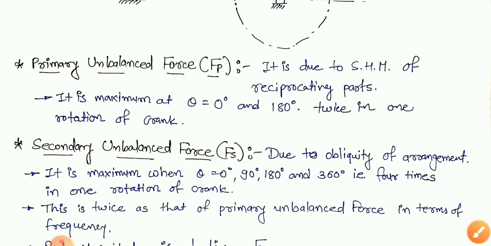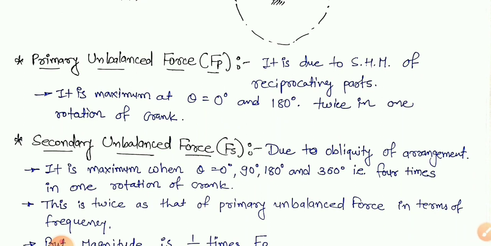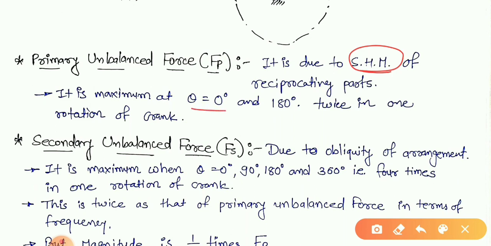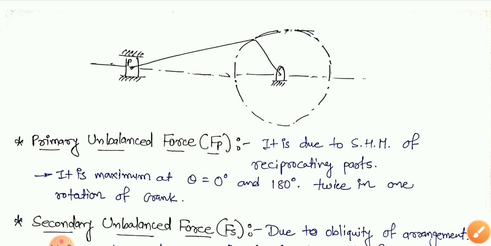Now the primary unbalanced force is due to the simple harmonic motion of the reciprocating part. Due to the simple harmonic motion, the primary unbalanced force m omega square r cos theta will be acting. Now the value will be maximum at 0 and 180 degrees.